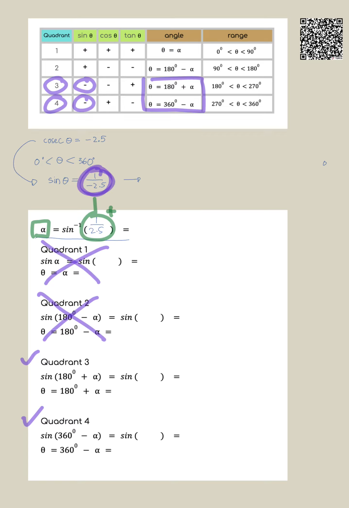And shall we press our calculator? Sine inverse 1 over 2.5. What do we get? 23.58 degrees.